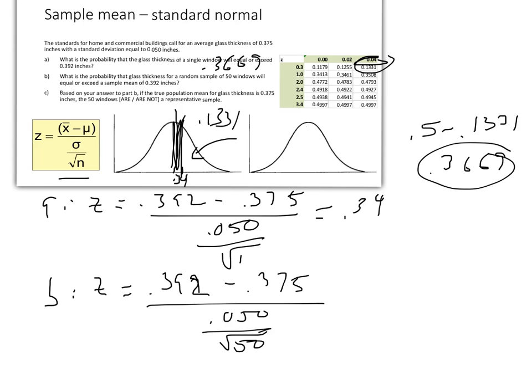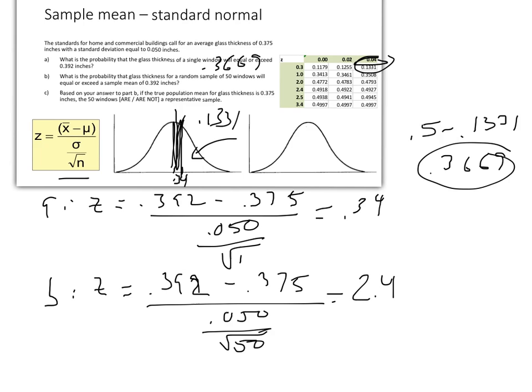Okay, so what this is going to have the effect of doing, if we look at this, this number will become smaller, the 0.050, making our z value larger in the end. Okay, and what we come up with then is 2.4.